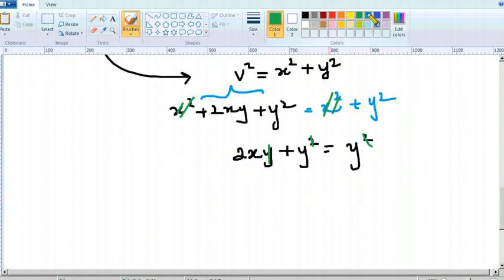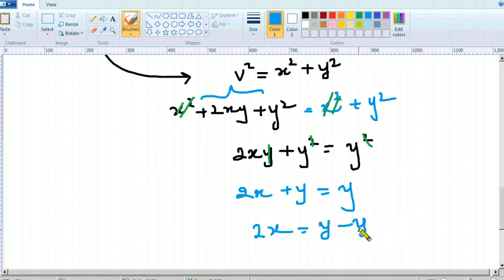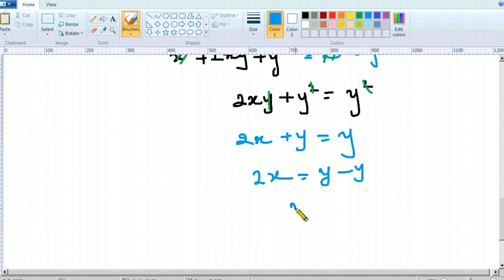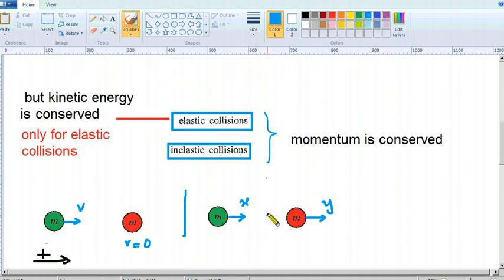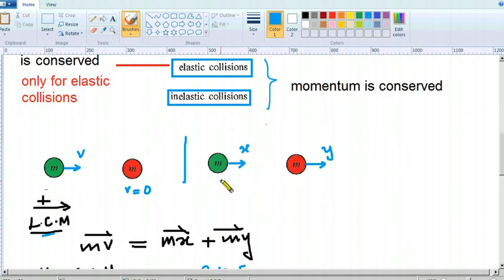What is remaining, 2x plus y equals y, then 2x equals y minus y, which is 0, so 2x equals 0, then x equals 0. That is the result we received. So that means this one comes to rest, this one doesn't move, x equals 0.